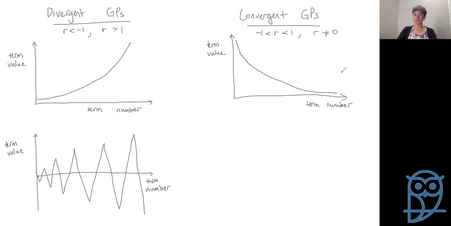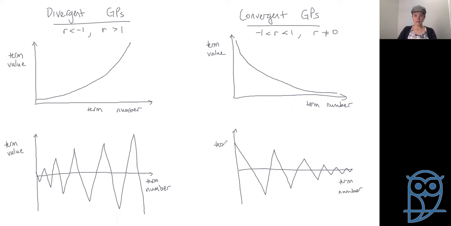So our proper fractions. Even if it's a negative fraction, it's going to look slightly different, but it's also going to get smaller each time. Term number and term value. And this line in the middle or at the bottom is actually 0.